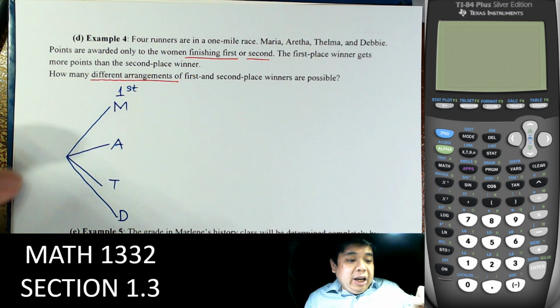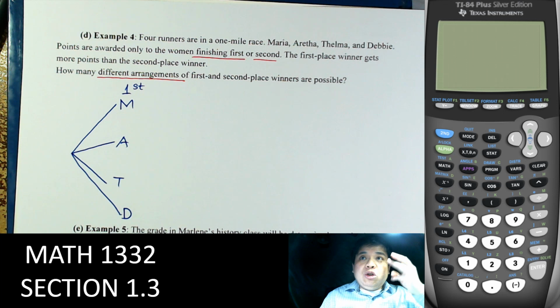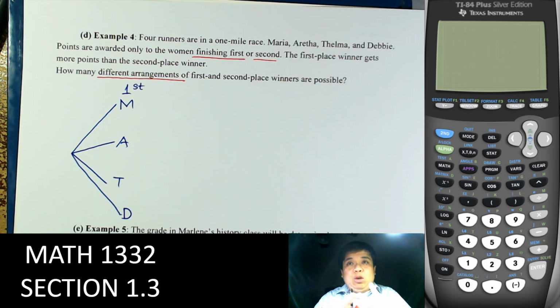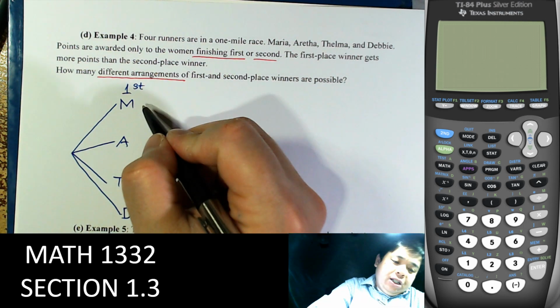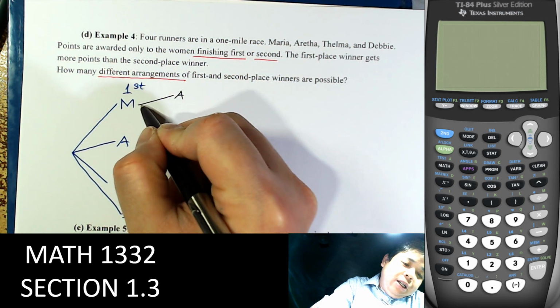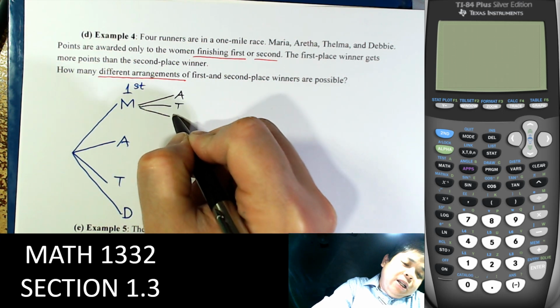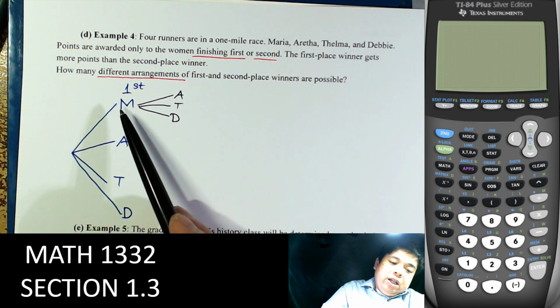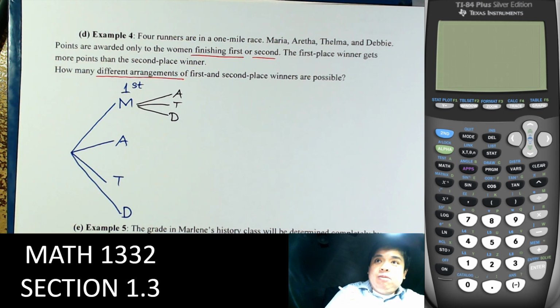Now, if Maria finishes first, there are 3 people left, and you're going to pick one of those 3 to finish second, right? So we have Maria already. There will be R, T, and D. So that will be MR, MT, MD. 3 scenarios.